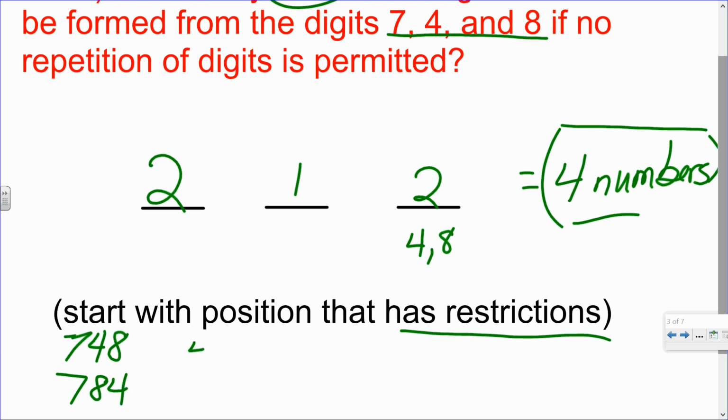I could have 400 and something, 478 would be even, but 487 would not. So those are all the 700s, the 400s, that leaves 800 and something. 874 would be even, but 847 would not, so those would actually be my 4 numbers. So everybody comfortable with that one?